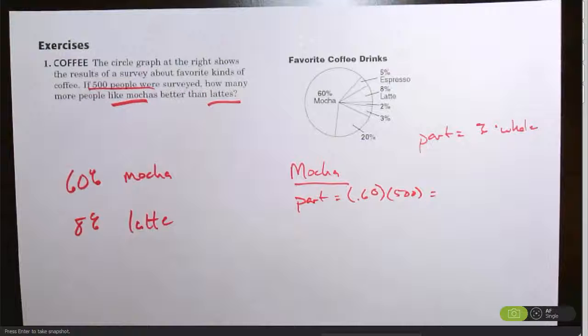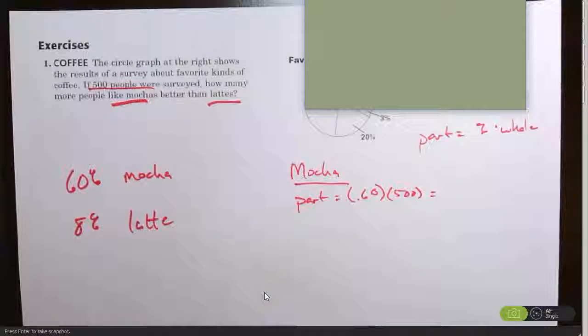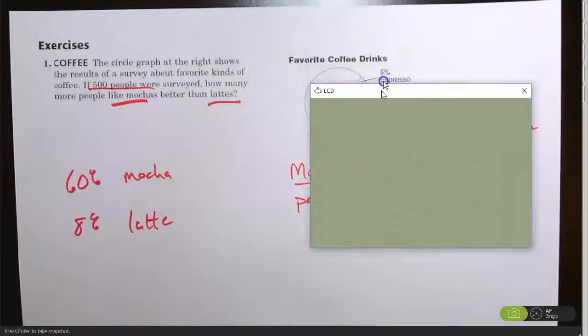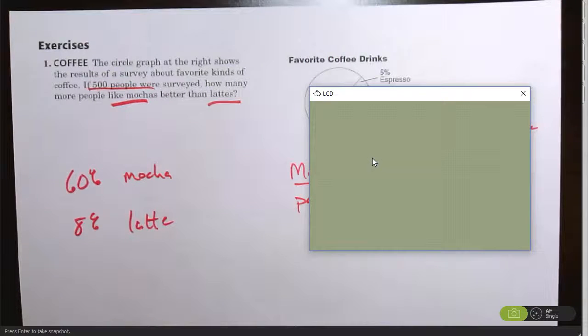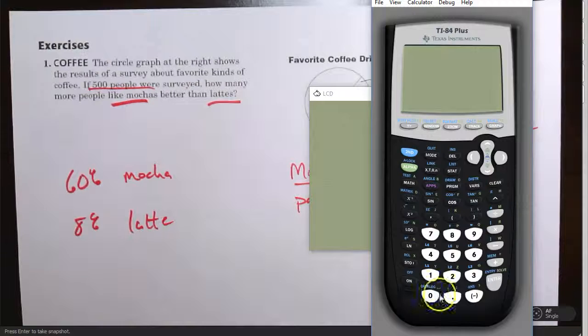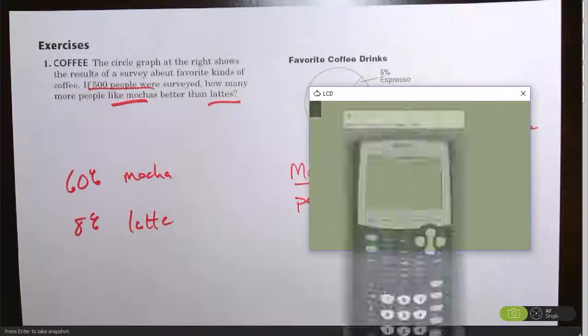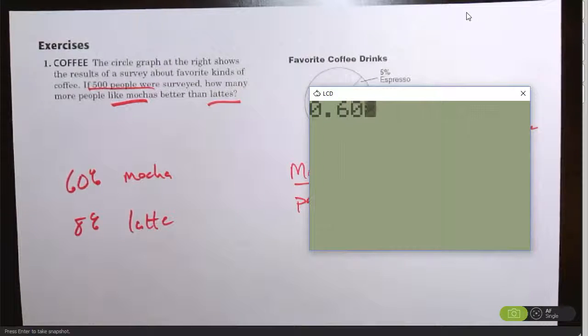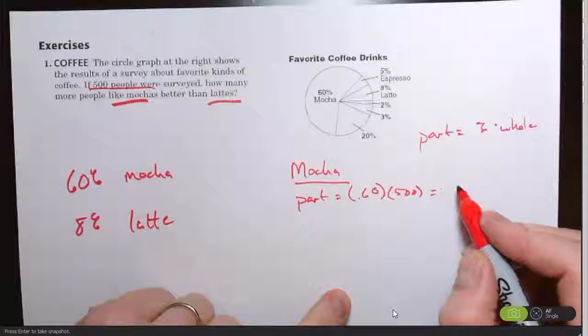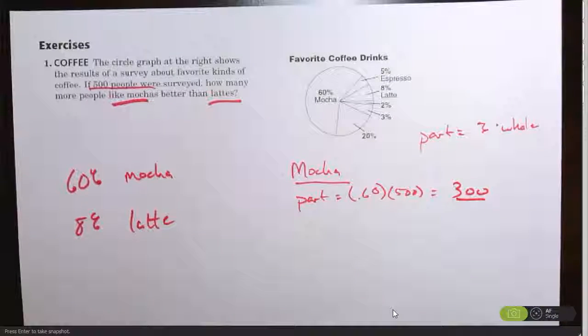So 0.6 times 500. Let me wake up my calculator. 0.60 times 500, that's 300 people. So 300 people preferred mocha.